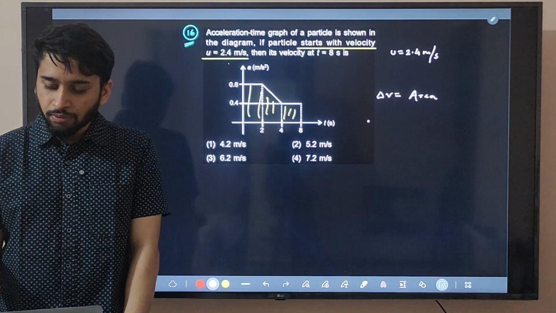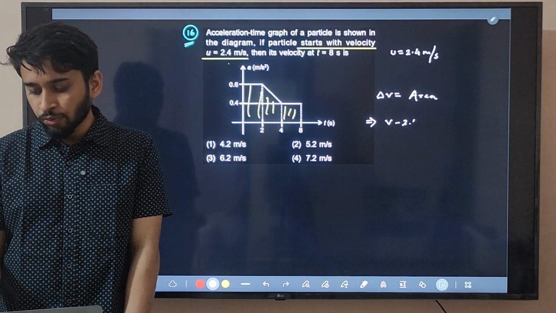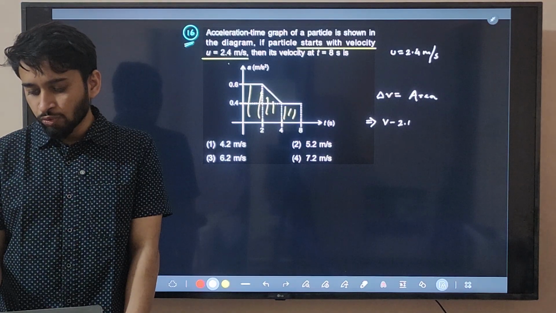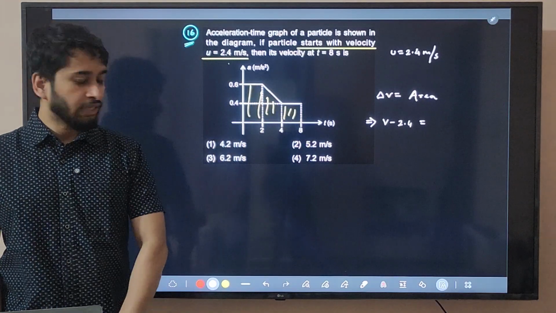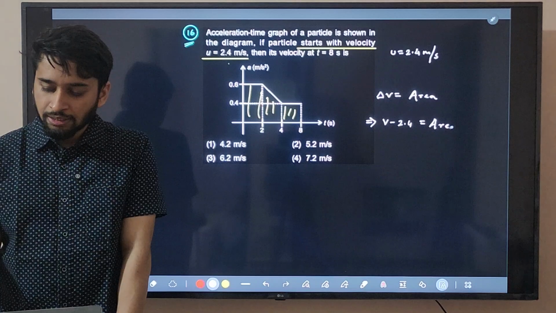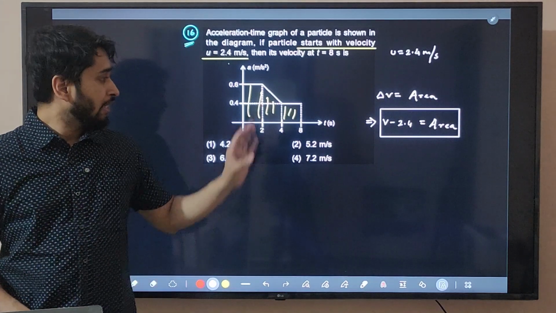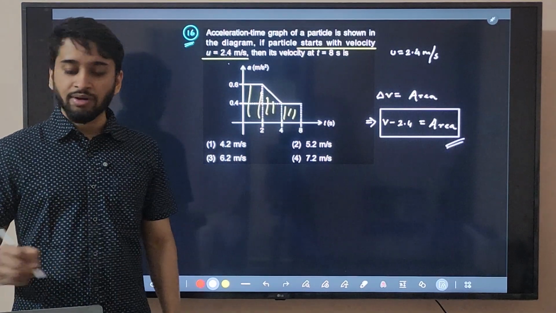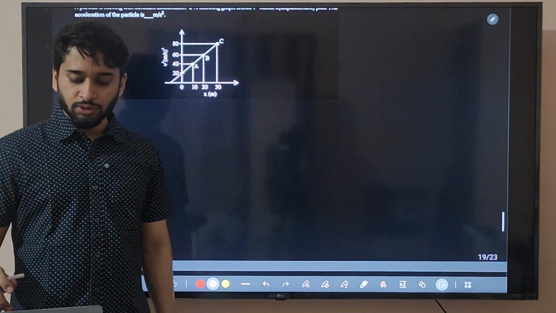So final velocity v minus the initial velocity 2.4 will be equal to this area, right? Calculate the area till 8 seconds. You can divide it into rectangles and triangles and all. You can figure out the area and you will get the answer. Fine. So solve this for the answer. We'll go for the next question now.